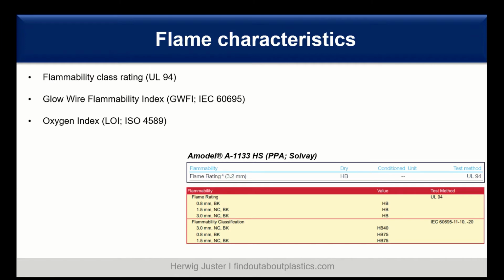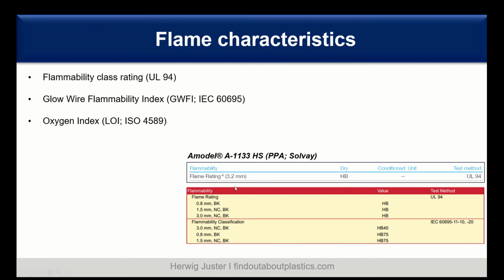What do we have here on a typical data sheet? So we have the flammability class rating based on the UL 94, the glow wire flammability index, and the oxygen index. You can see here again the example of Amodel A1133, so 33% glass fiber reinforced PPA, and we can see the flame rating measured at 3.2 mm thickness as a horizontal burning, so HB, and the test method is the UL 94.